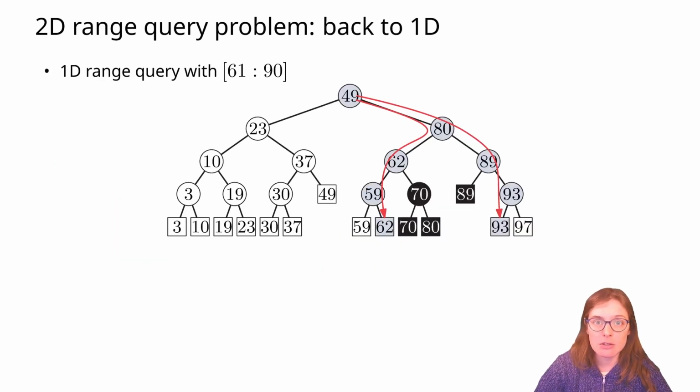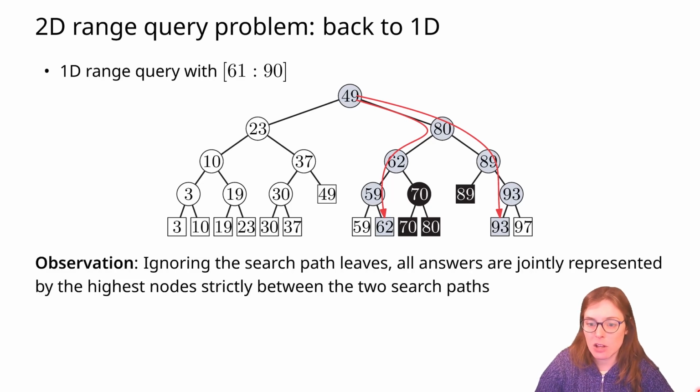To design a data structure for a two-dimensional range query, let's start with the data structure for the one-dimensional range query that we have already developed. We have our binary search trees with the points stored in the leaves. A useful observation here is that all the points that we report lie in the subtrees rooted at these black nodes that are the topmost nodes strictly in between the two search paths.